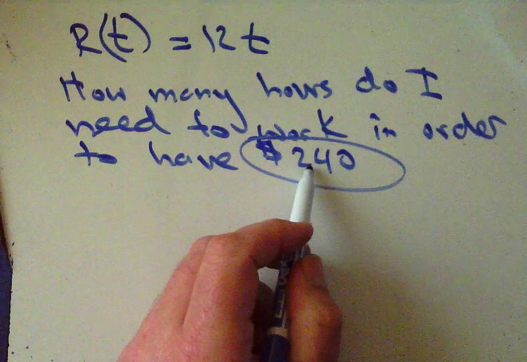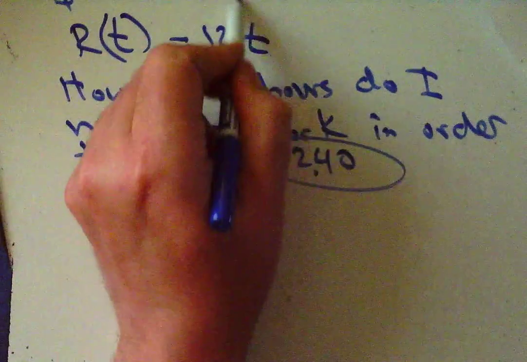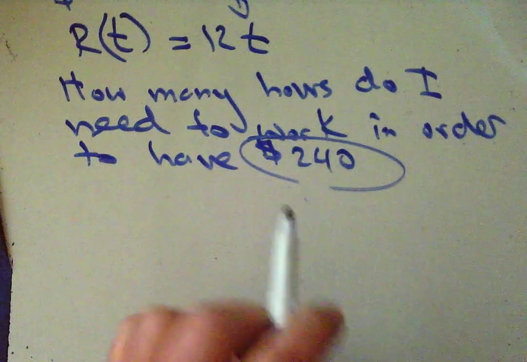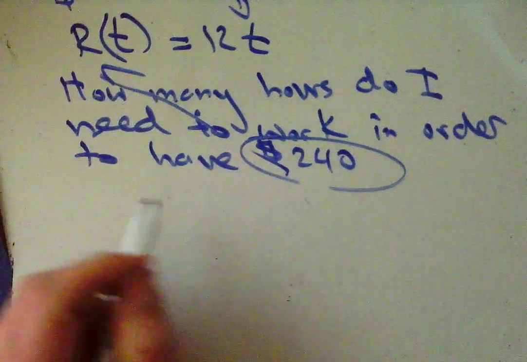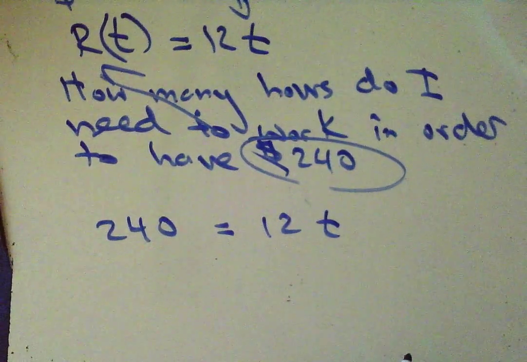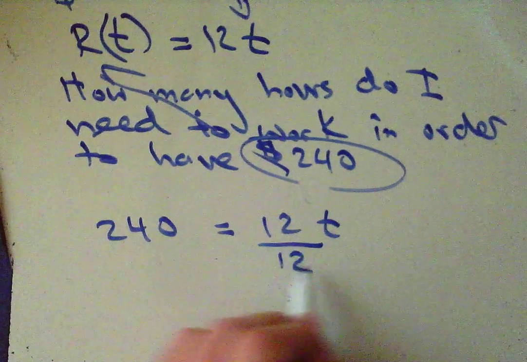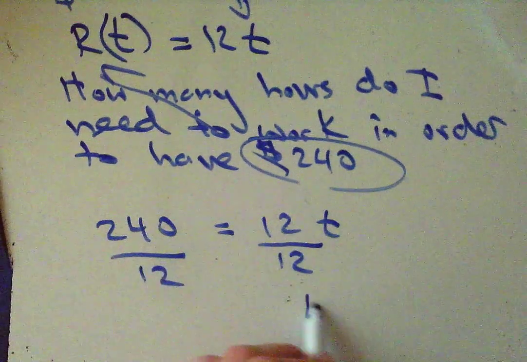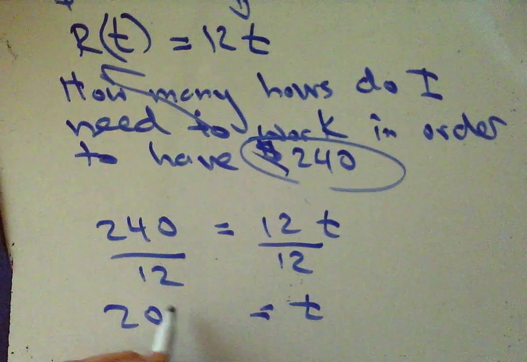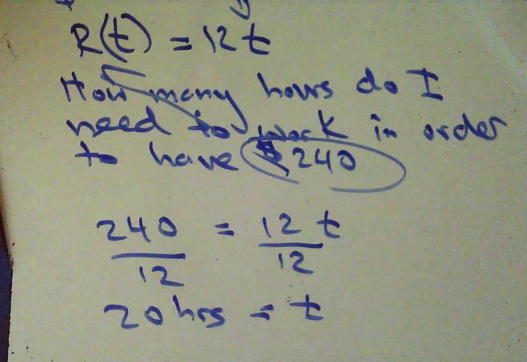I'm not given a time. This is an amount of money. These are dollars. These are hours. So where does that money go in? That money goes in there for revenue. So 240 equals 12t. And now I can solve this equation for time simply by dividing both sides by 12. T equals 20. And what are the units on time? Hours. So if I work 20 hours, I'll make $240.